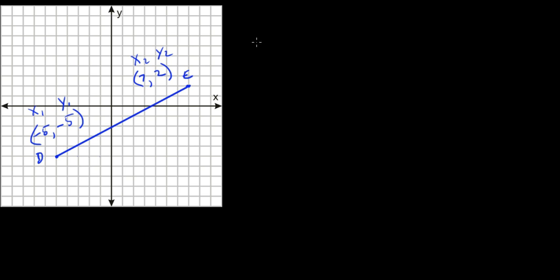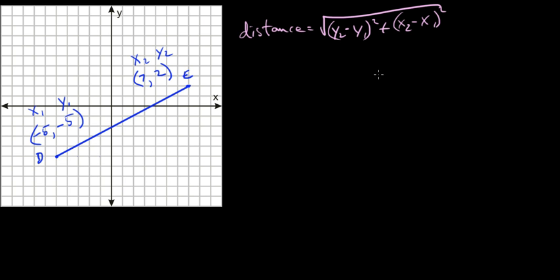Using the distance formula, the distance is the square root of y2 minus y1 squared plus x2 minus x1 squared.